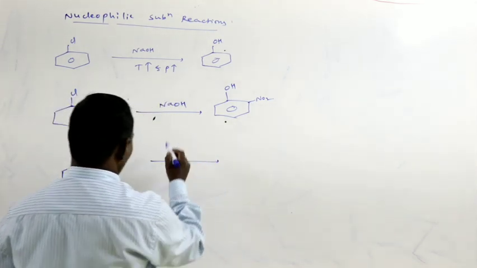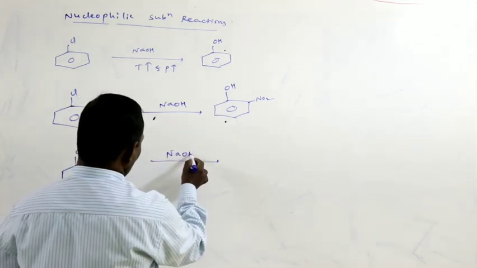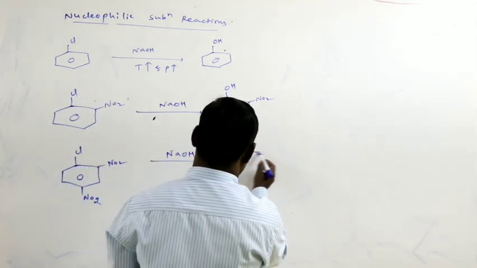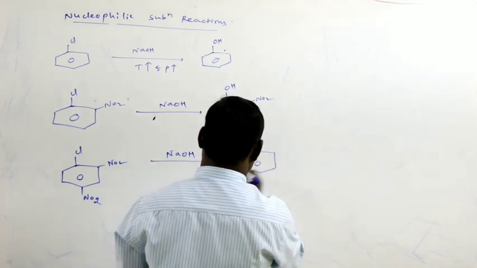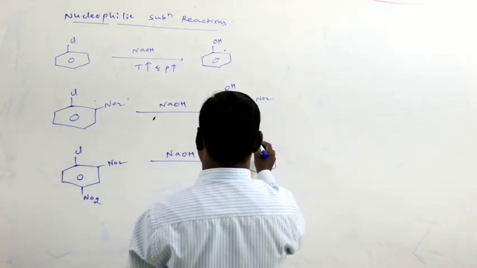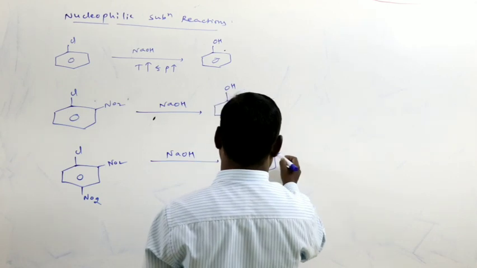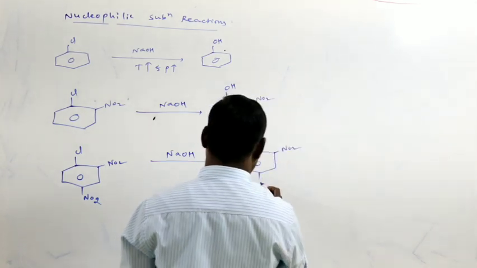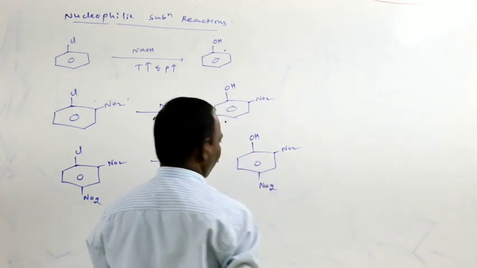Similarly, if one more electron withdrawing group is introduced on the aromatic system, like this NO2 and NO2, it easily reacts with a base like NaOH, and then the chlorine is replaced by OH, with NO2 and NO2.